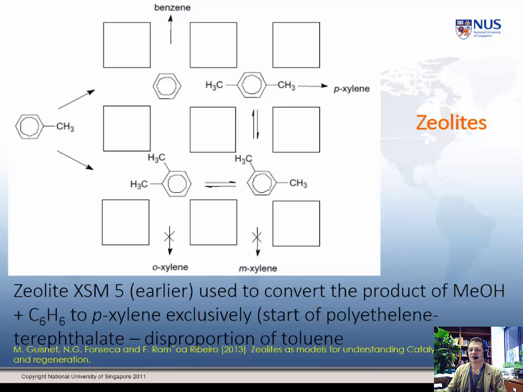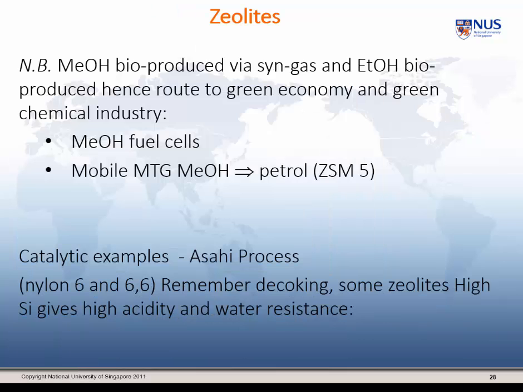And this little diagram gives you some idea of how it doesn't allow multiple branched, so you don't get o-xylene, you don't get m-xylene, but you end up only with p-xylene. And of course all of these are reactive surfaces, so the molecule is reacted on the way through.